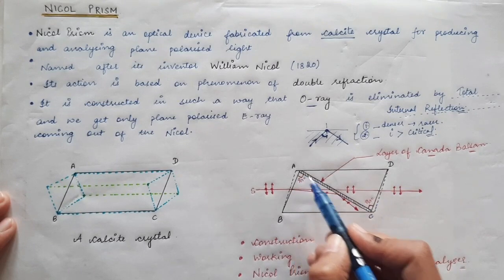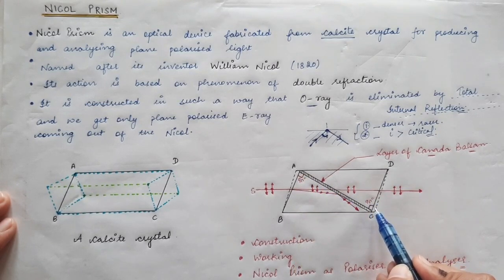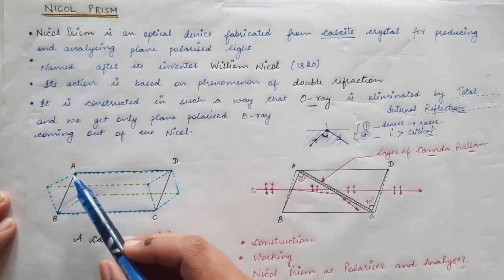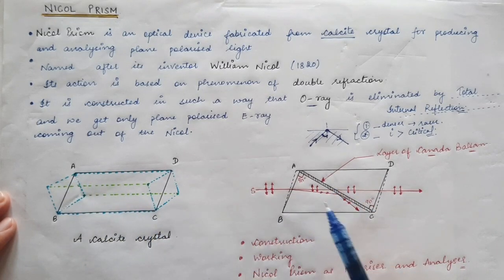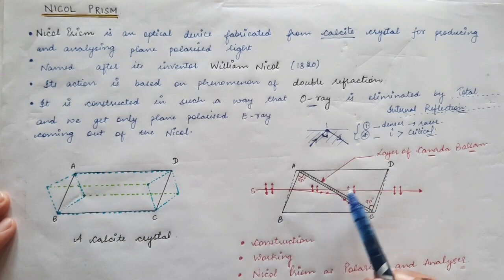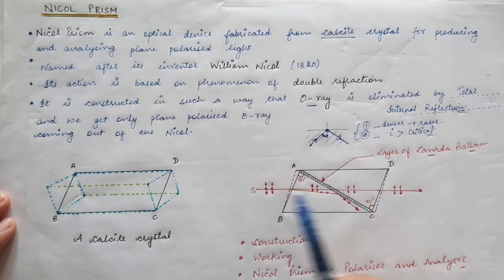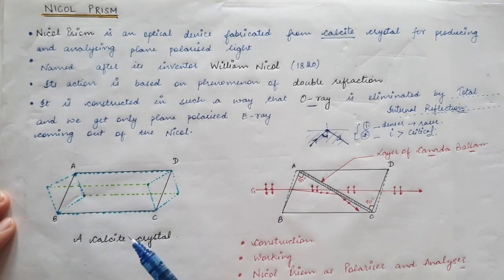So it makes 90 degrees over here and 90 degrees over here. When we cut this crystal by a plane, we get two portions of the crystal. Then we again cement together those two portions.